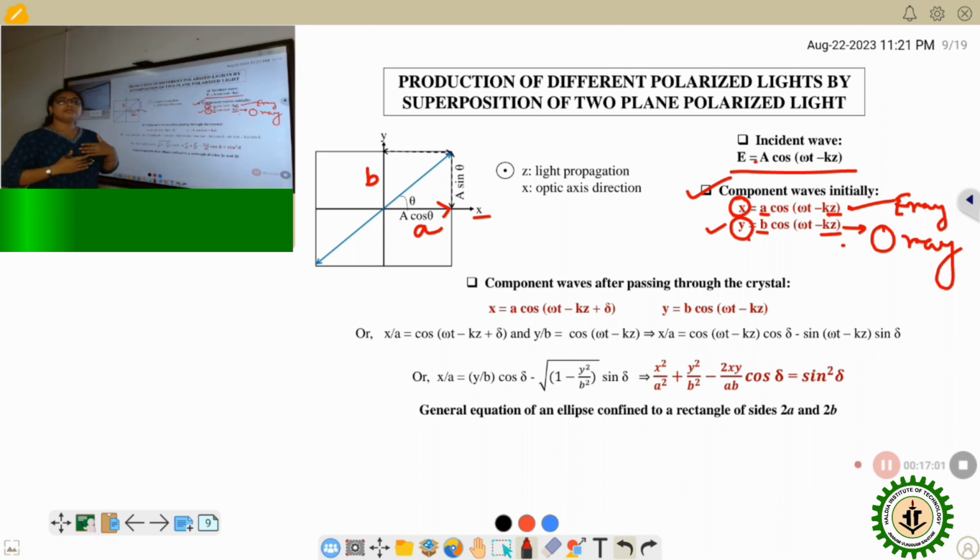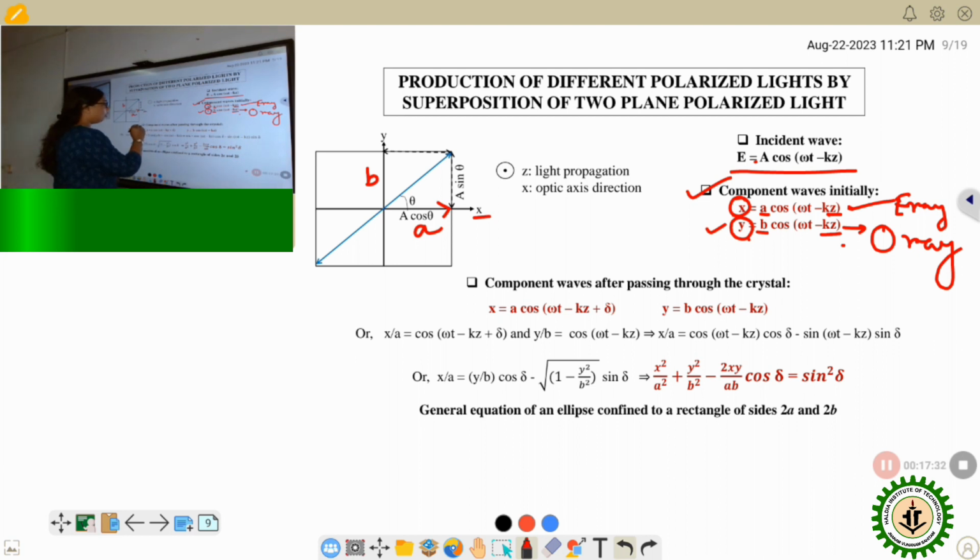Now, as the two rays travel with different velocity along the crystal for a certain width, as you can see, this was our incident ray, and the ray will be divided into two parts and they will travel this much length together. While moving through the crystal they will develop a path difference, and as a result a phase difference.